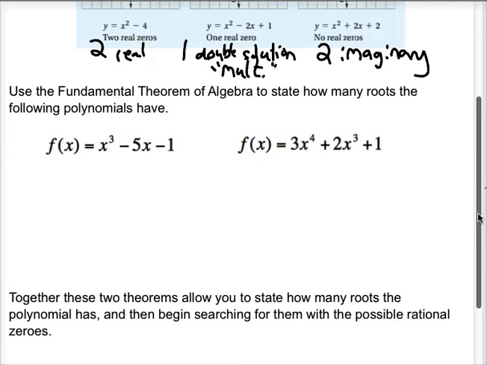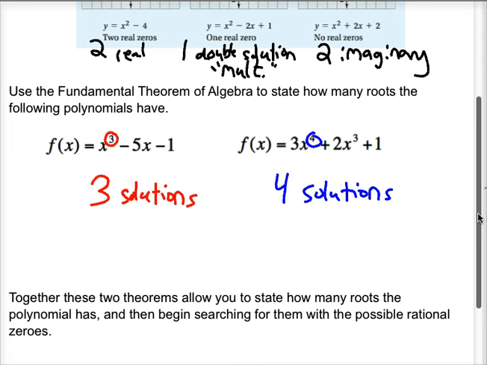So when I look at this, I want to know how many roots the polynomial has. A cubic function is going to have 3 solutions. When I'm looking at a quartic function, it means I have 4 solutions.